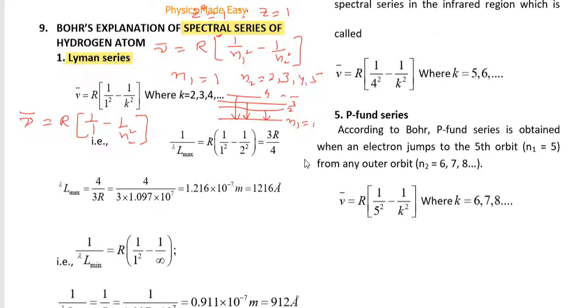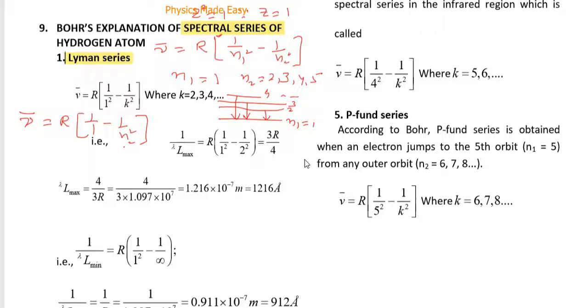We can also make calculations for frequency in this way. But for wave number, wave number is maximum when this factor is minimum.